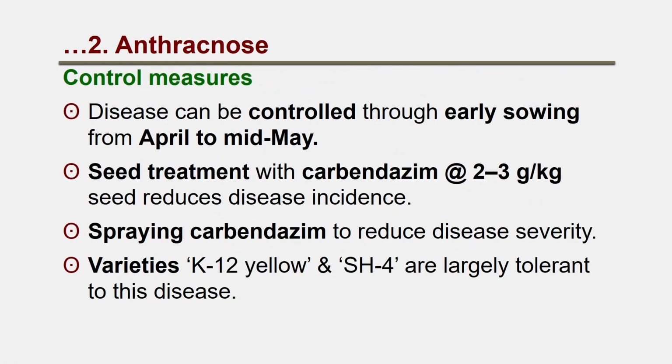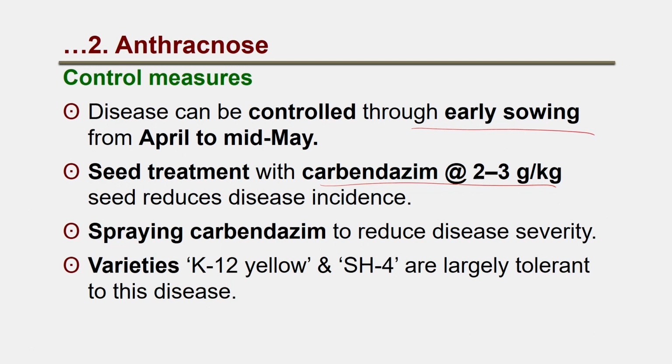What are the control measures for anthracnose? Let us see them. The disease can be controlled through early sowing. Sowing can be done in April to mid-May to avoid the incidence of anthracnose in sannhemp. Seed treatment with carbendazim at the rate of 2 to 3 gram per kg of seed is useful, and this can reduce the incidence of anthracnose.